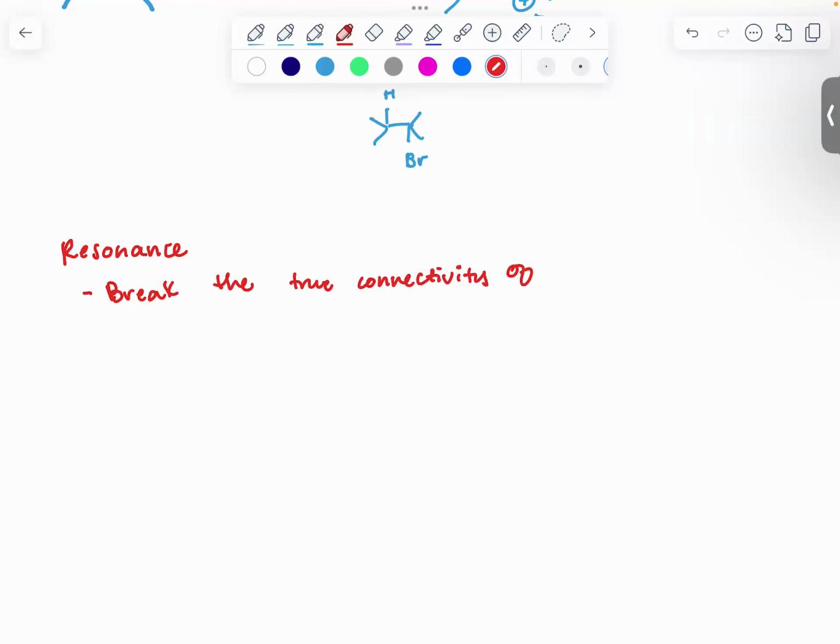Can anyone tell me what kind of bond I mean when I say that? Sigma bond. So if that's the case, what kind of bonds are we looking to move? Double bonds or pi bonds?